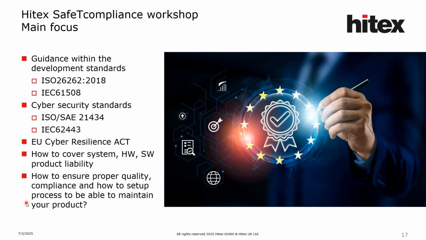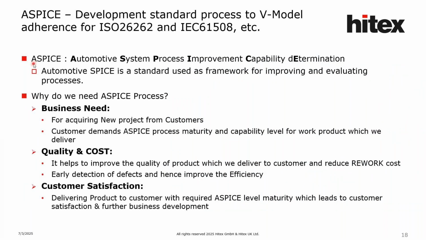So in this context, today we will focus on the ASPICE process. With respect to the ASPICE process, as you all know, ASPICE is the abbreviation for Automotive System Process Improvement Capability Determination.